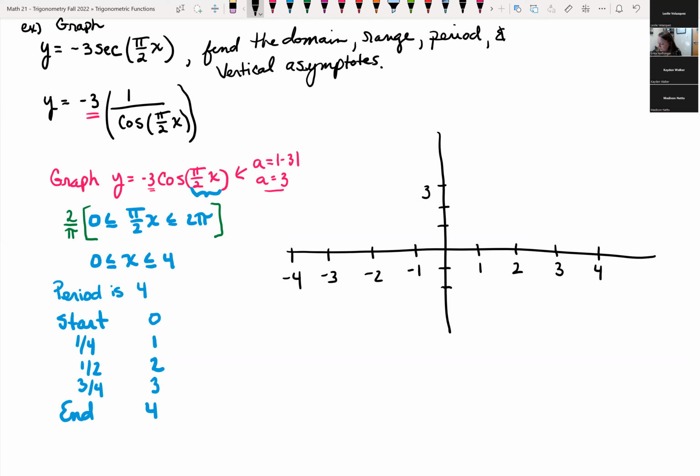In this case, actually, there's no shift. So we're going to go up to 3 would be the maximum of our cosine function, and -3 would be the minimum of that cosine function. But because of this negative in front of the 3, this reflects it across the x-axis.